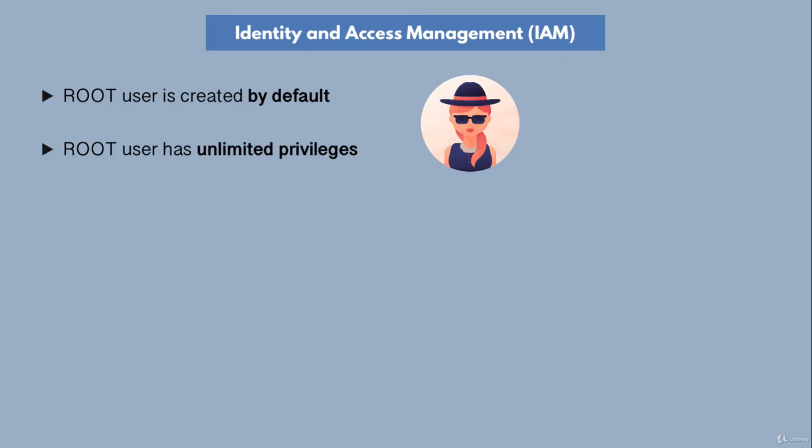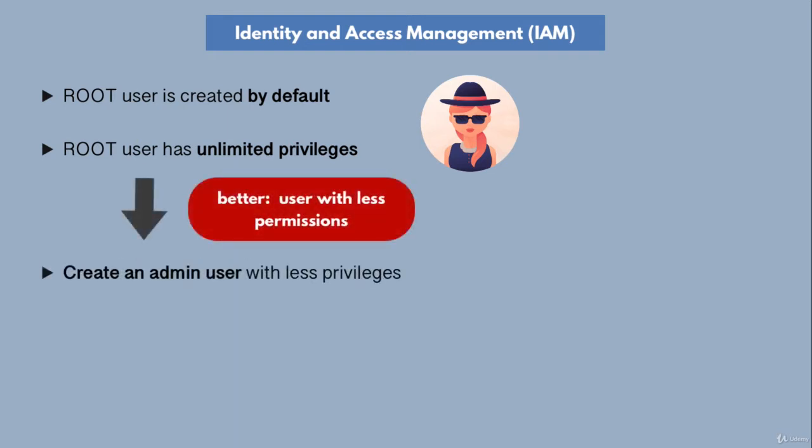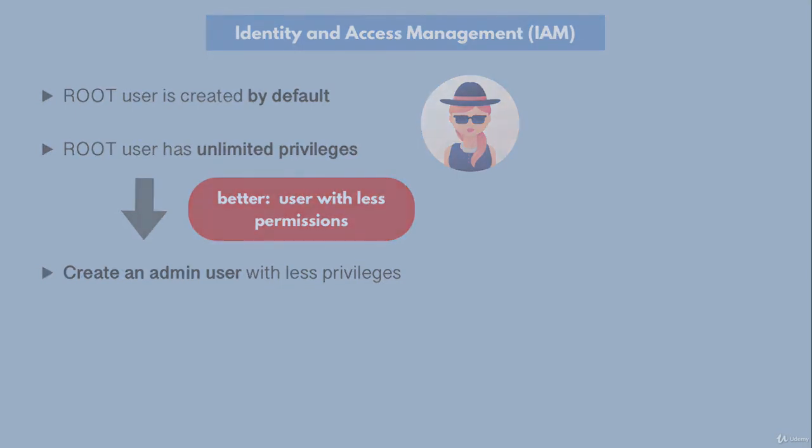So the first thing we want to do when the account is registered is create an admin user that has fewer privileges than the root user, but all the privileges that we need to create an EC2 instance and deploy some applications on it. This is also the first thing that AWS advises to do for security reasons.